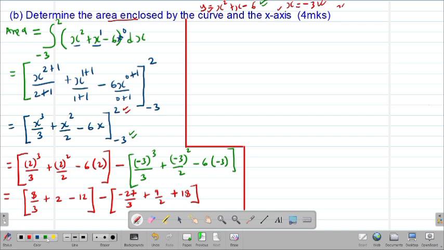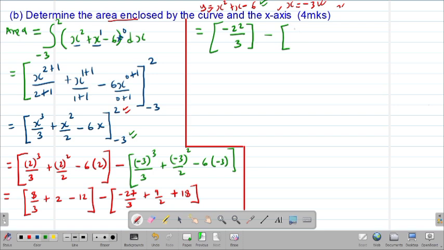So we get the following. This will be equal to 8 over 3 plus 2 minus 12. Your calculator is going to give you negative 22 over 3. Then minus, you take negative 27 over 3 plus 9 over 2 plus 18.